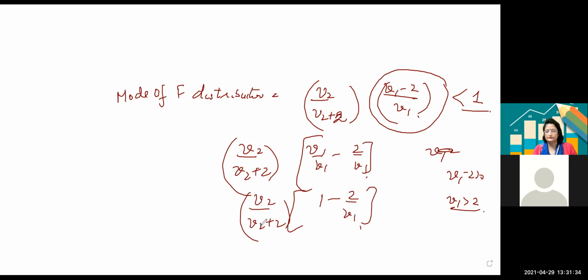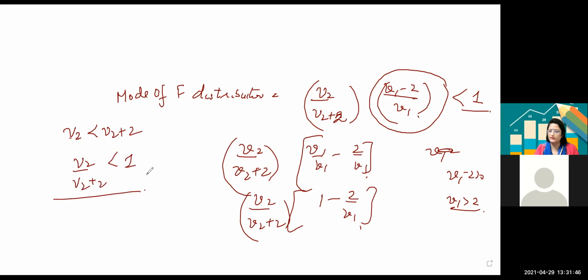अब दूसरी बात देखिए, अब nu2 जो है वो किससे छोटा है? nu2 plus 2 से छोटा है, ठीक है? तो nu2 by nu2 plus 2 it is less than 1. Is it clear? तो ये भी क्वांटिटी क्या आ गई? लेस देन 1. और ये भी क्या है? 1 में से कुछ पॉजिटिव टर्म लेस देन हो रही है, लेस देन 1. इसका मतलब द टोटल क्वांटिटी इज लेस देन 1.